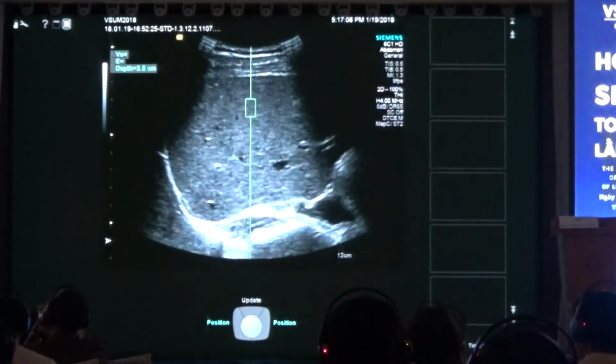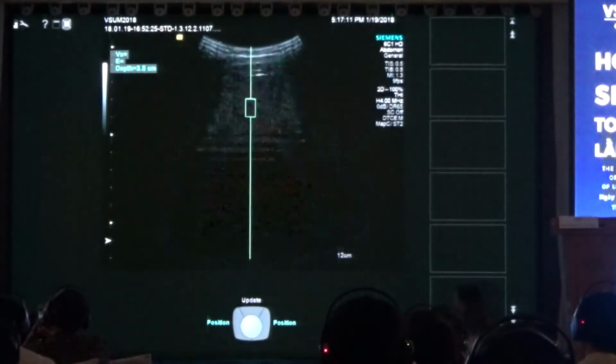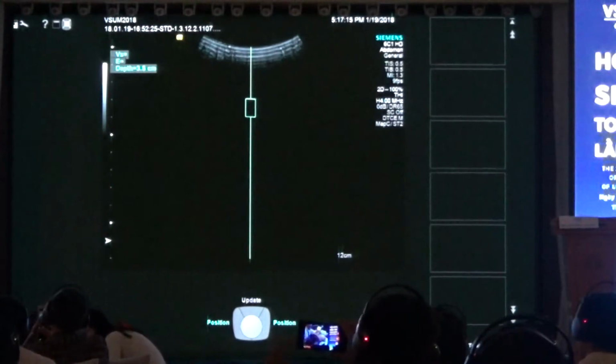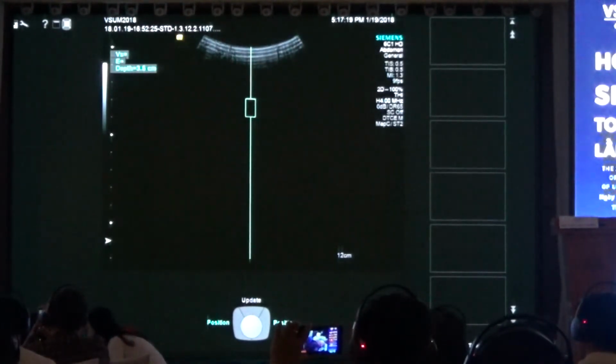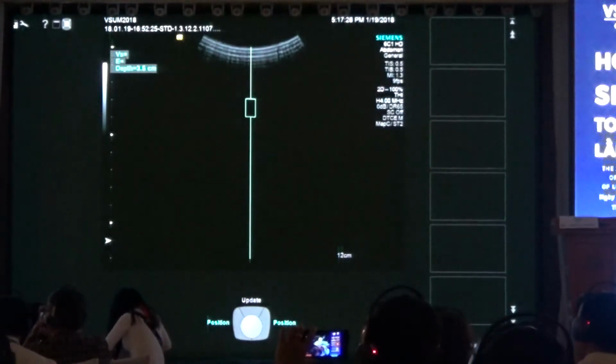So right now we can ask the patient to stop breathing, or he can breathe in a mid position. But if I'm going to Richard and I ask Richard, don't breathe, what is Richard doing?